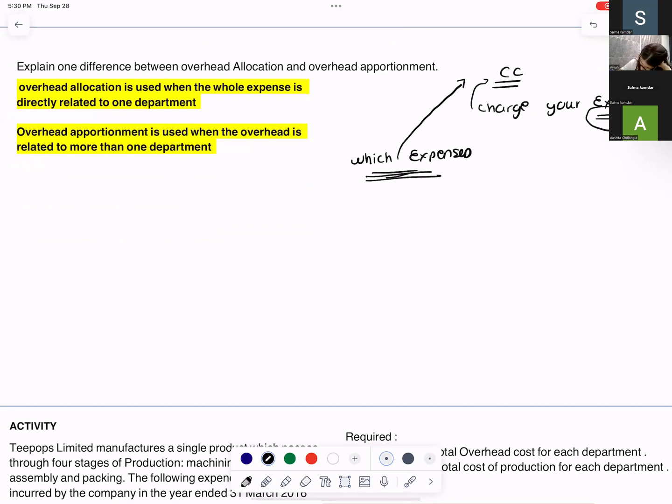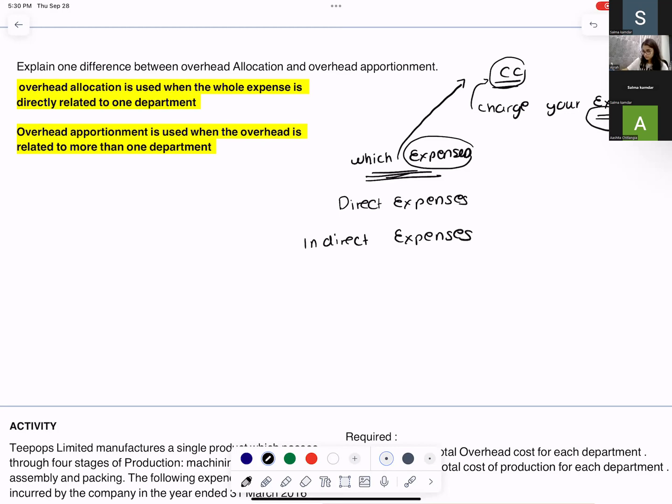So when I am talking about expenses of any cost center, of any department, all the departments would have some direct expenses and all the departments would also have some indirect expenses.